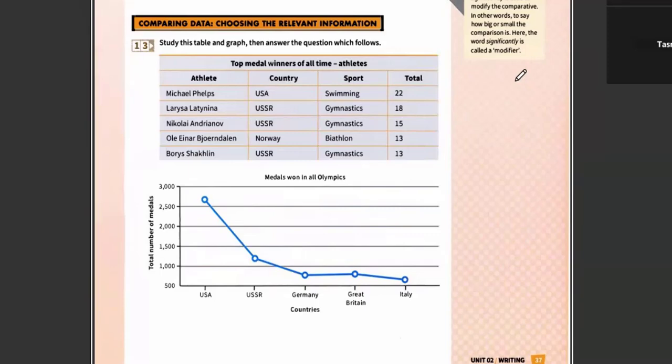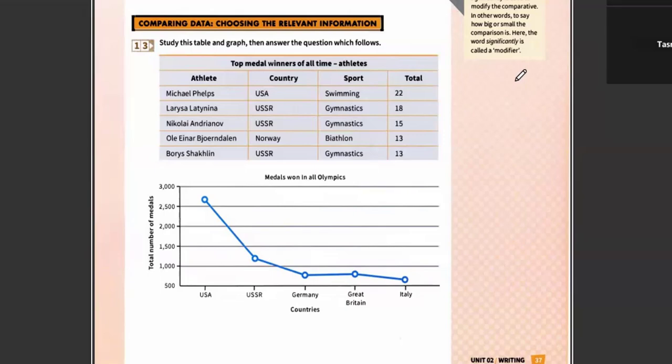We have four columns. One is for athletes, the other represents country, and then there are sports, and then we have the total number of medal winners. So the athletes are Michael Phelps, Larissa Latynina, a very tough name. And then we have Nikolai Andrianov.